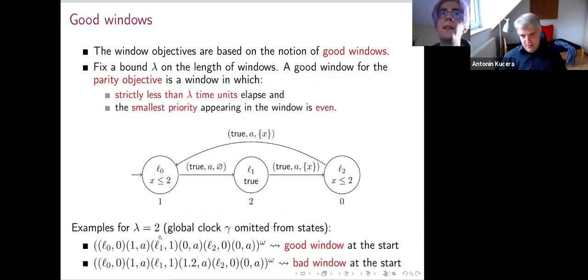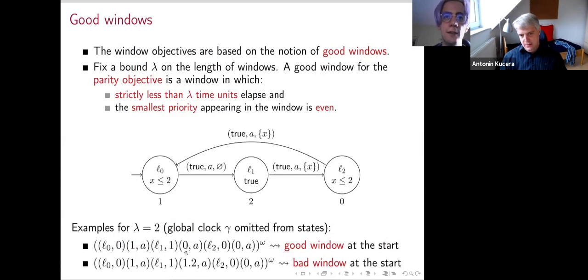We can give an example of a good window and a bad window. So if we start in location L0, the only priority in the window will be that of L0, so 1. This is an odd priority, so we do not yet have a good window. If we move after 1 time unit to location L1, now 1 and 2 both occur in the window, but the smallest priority being still odd, we do not yet have a good window.